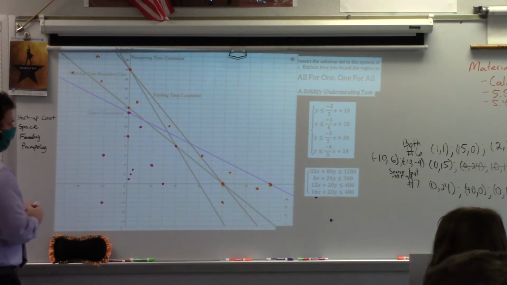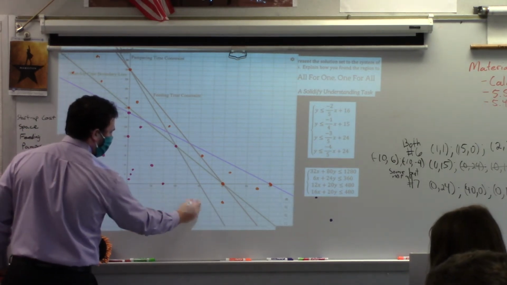So we should have each of those points. I'm going to add some more pink in here so we can see it a little bit more clearly.